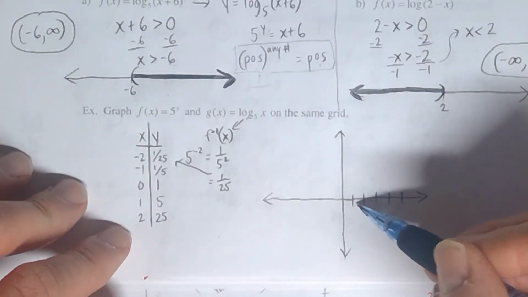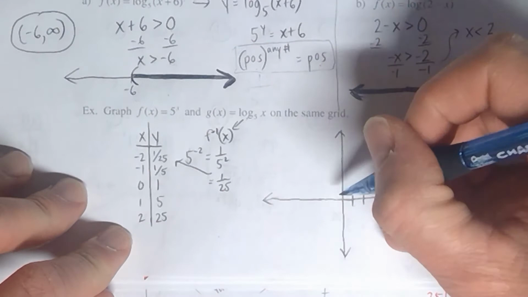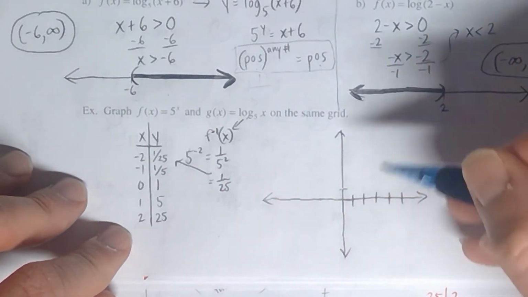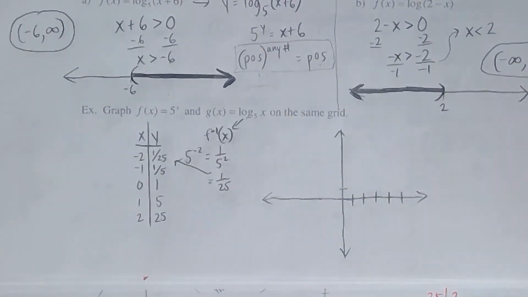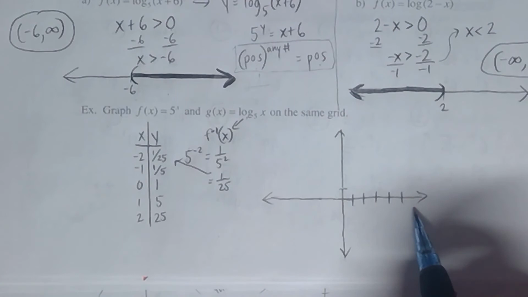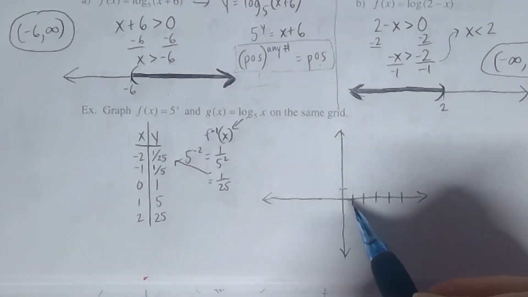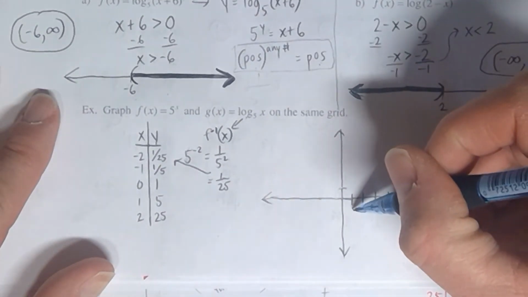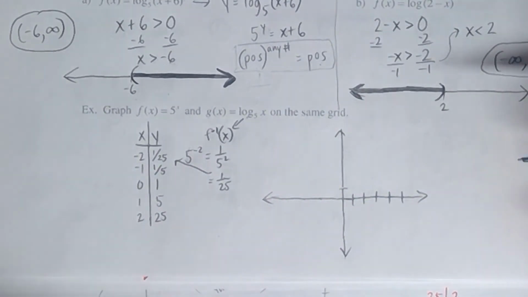It doesn't mean you have to do 1, 2, 3, 4, 5, but if you are going to change it to, say, 2, 4, 6, 8, 10, then the y-axis would have to be that way as well. I know I said that in other graphs you didn't have to do that, but when you graph an inverse graph on the same grid as the original graph, the x-axis and y-axis have to be the same scaling, okay? So, I'm going to just do the standard 1, 2, 3, 4, 5 scale.